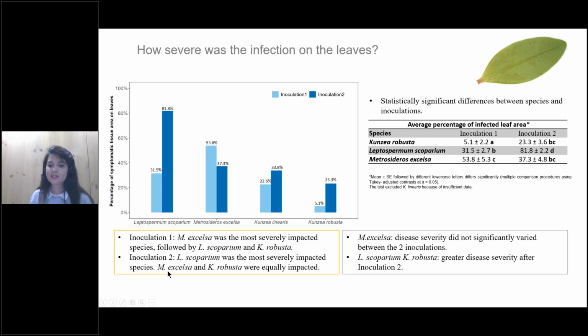Again, the disease severity did not significantly change between the two inoculations for Metrosideros excelsa, but for both Leptospermum scoparium and Kunzea robusta, we had a higher disease severity after inoculation 2. And for Kunzea linearis, the disease severity was 22% after inoculation 1 and 34% after inoculation 2.